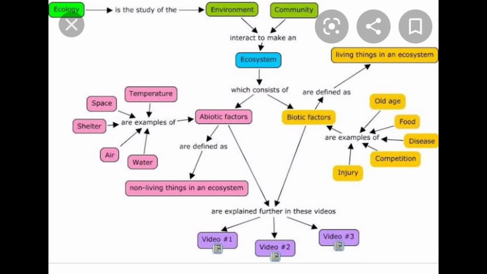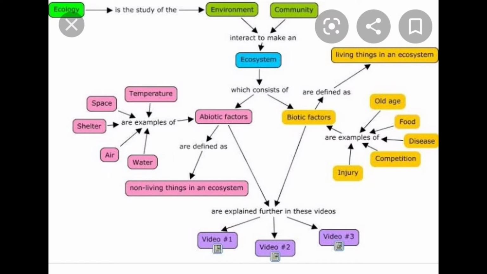In this picture, it is a concept map of ecosystem. You can see rectangular boxes, and inside the rectangular boxes you can see information about ecosystem, and these rectangular boxes are connected with arrows. And then you all know that there are two important factors in an ecosystem, that is abiotic factor and biotic factor.